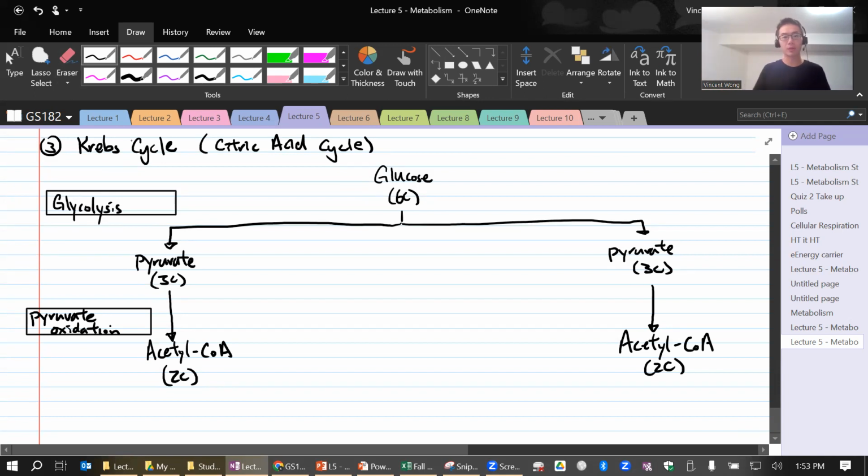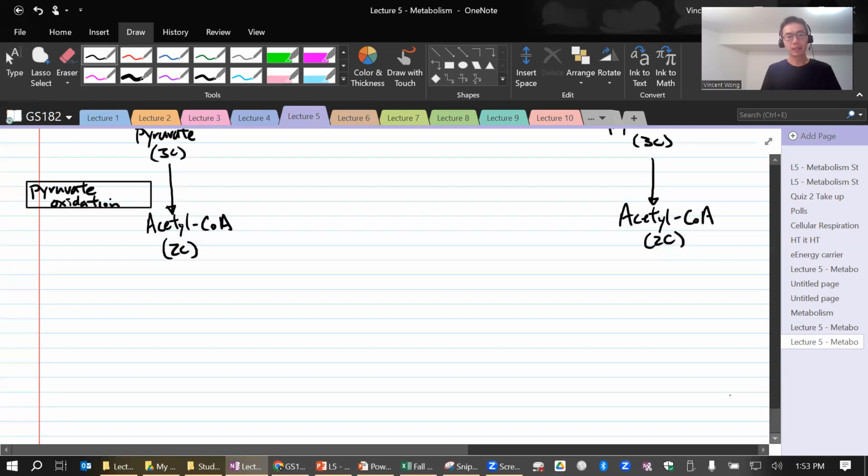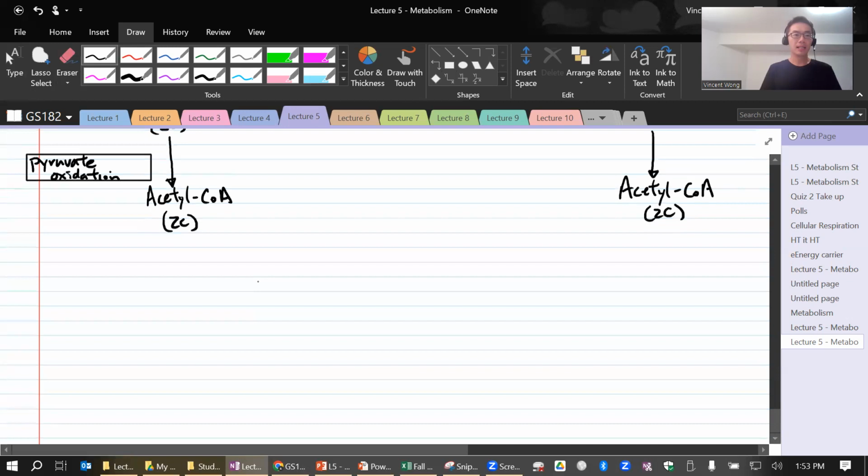They are already in the matrix. All right. Now, this is a little bit weird, but try to stay with me. In the matrix, there is a molecule called oxaloacetate. It was already there, okay?